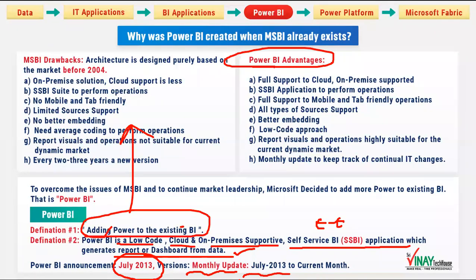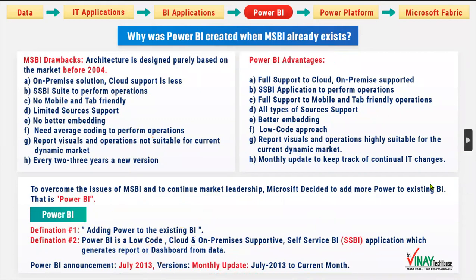It is a low-code application, supporting cloud and on-premises. It does self-service BI end to end. Finally, a report or dashboard is generated from any type of data. It was released in July 2013, and every month we have updates. This is brief. Yesterday I gave it in detail.